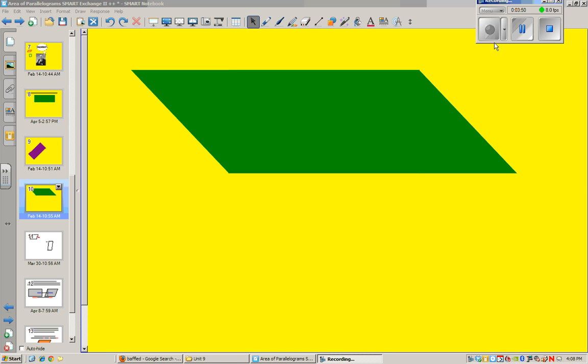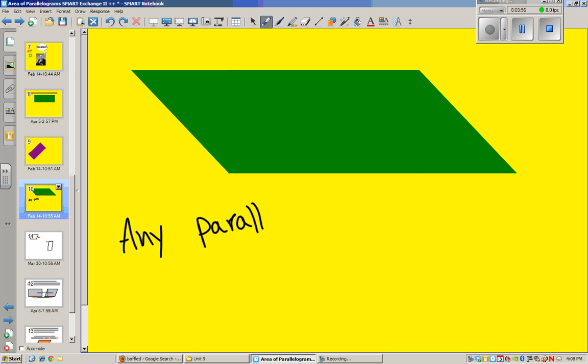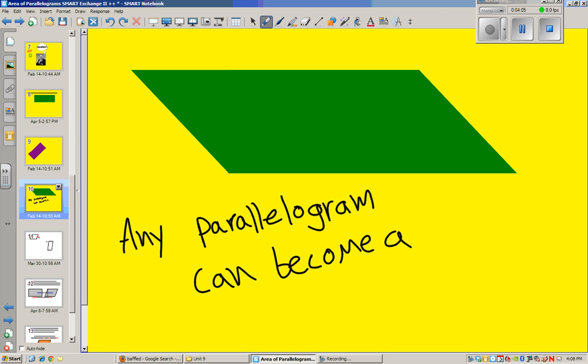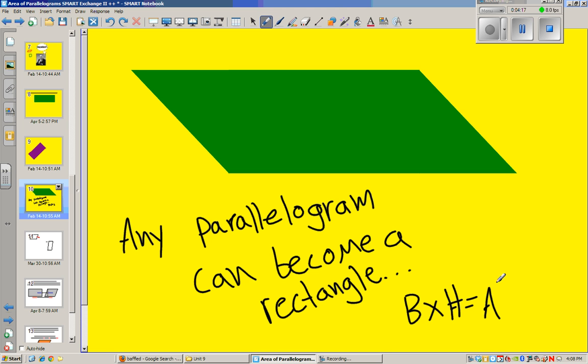So once again, the point I'm trying to make here is that any parallelogram can become a rectangle. And that is how they can both have base times height equals area in units squared as their formula.